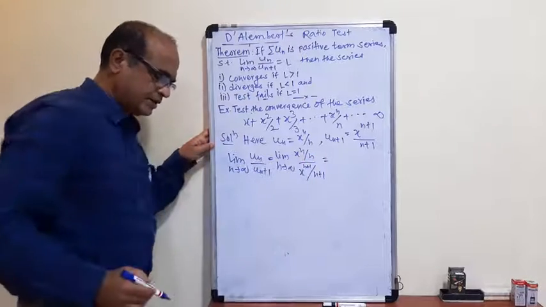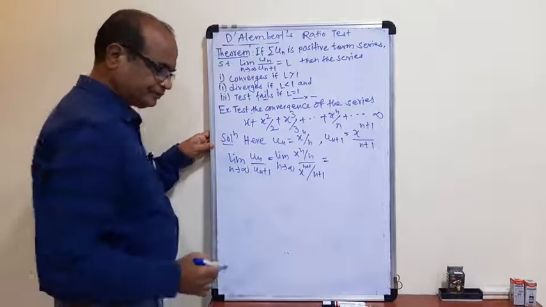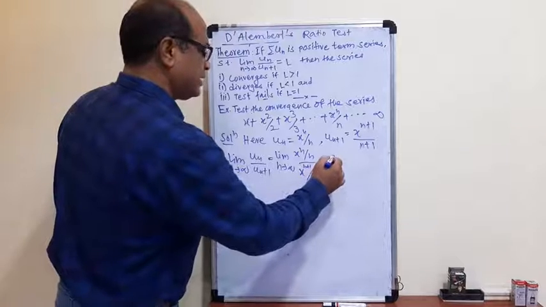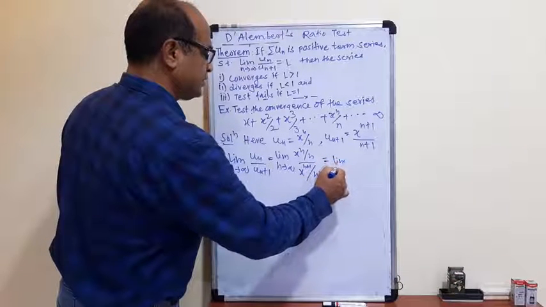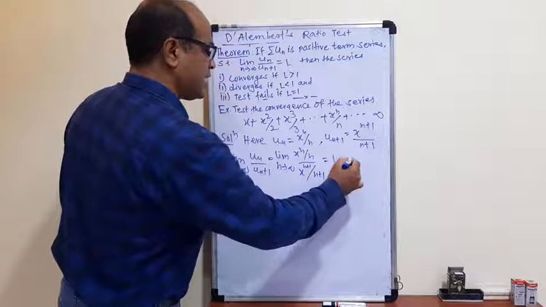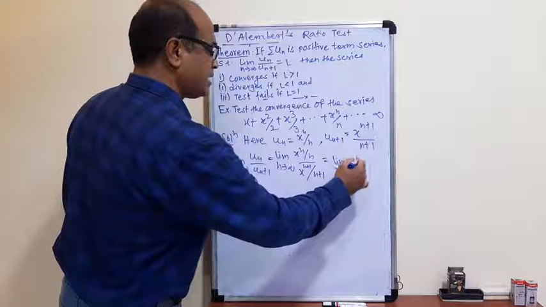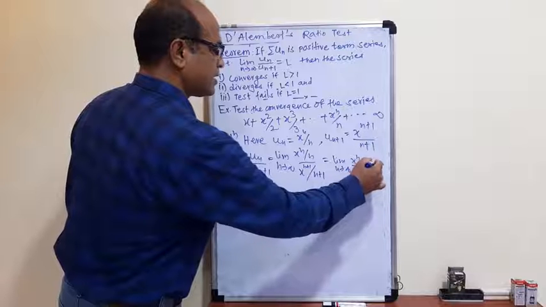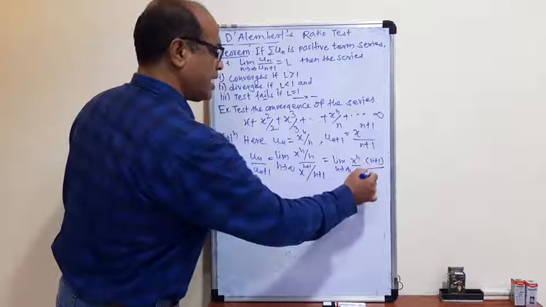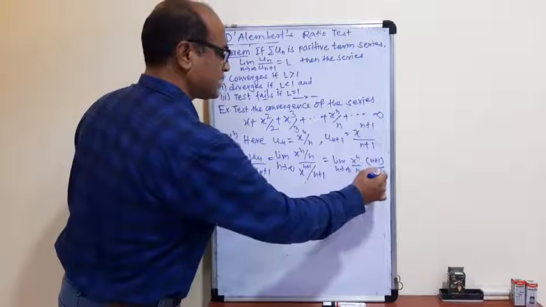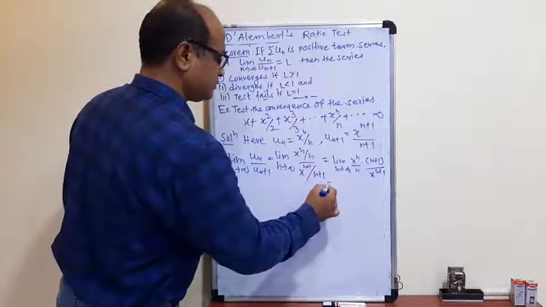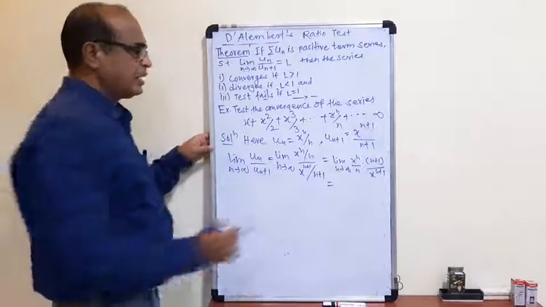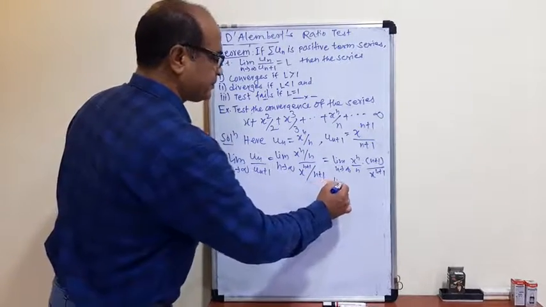So what happened here? So this is equal to the limit as n tends to infinity of x raised to n divided by n, into n plus 1 divided by x raised to n plus 1. Okay, so this is equal to the limit as n tends to infinity.